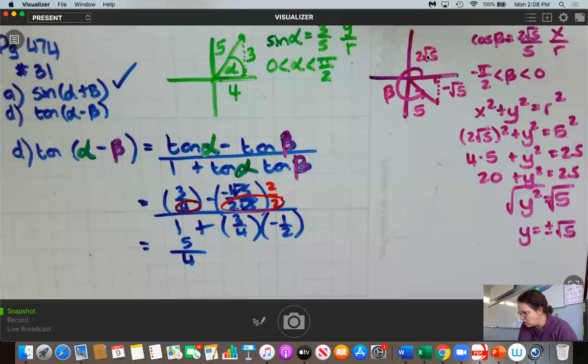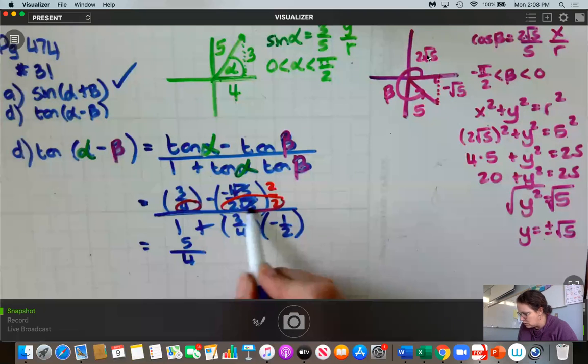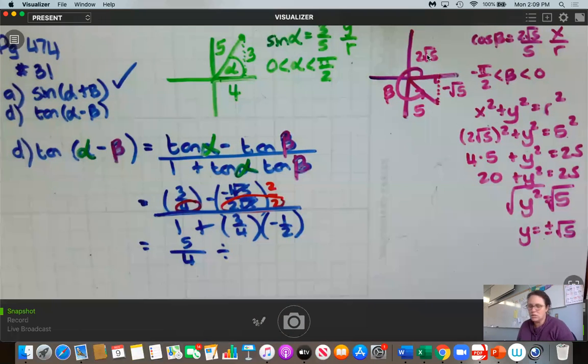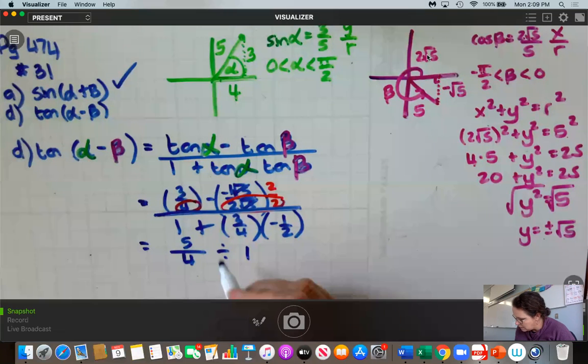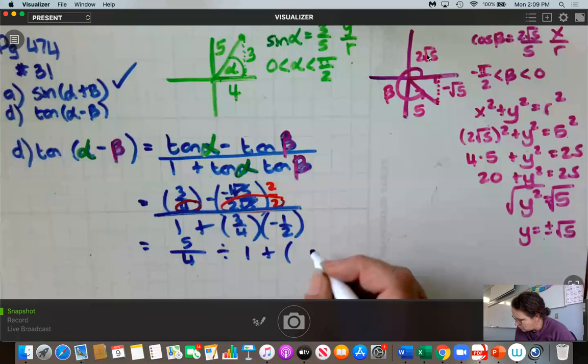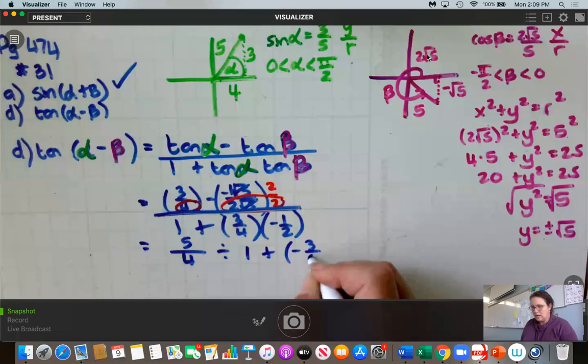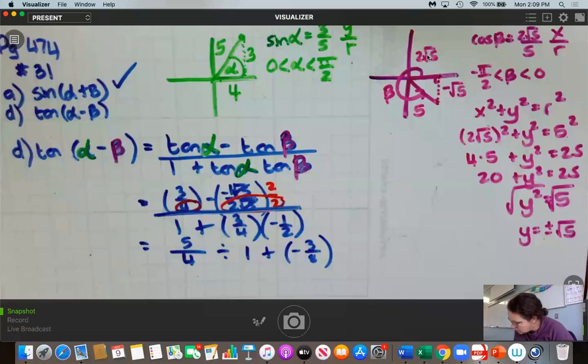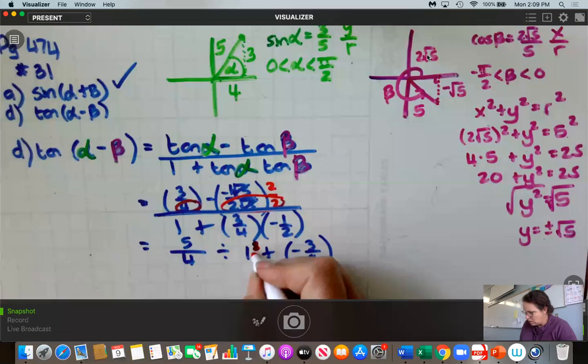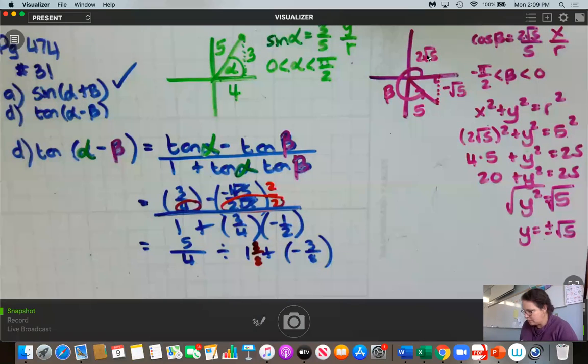I'm going to change this big fraction bar into a division sign. And here I'm going to have 1 plus negative 3/8. Again, I need a common denominator here, so I can make that 1 into 8 over 8.